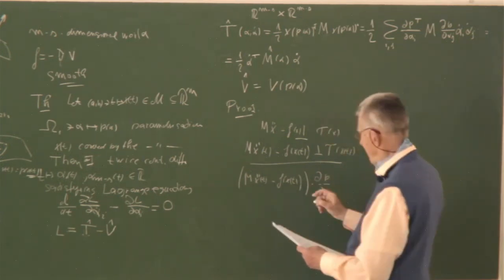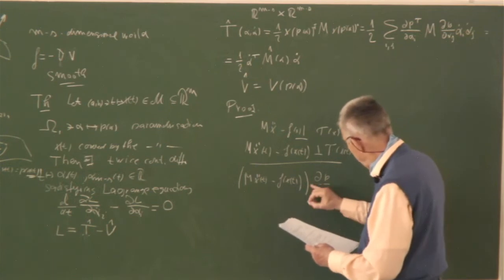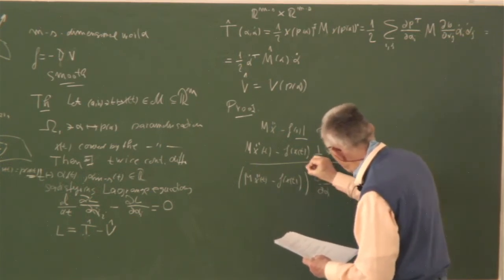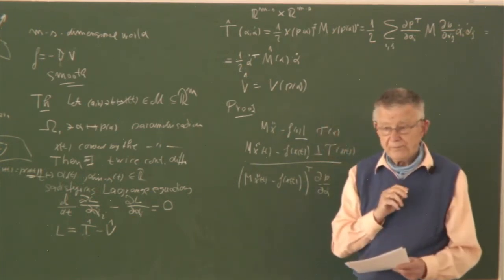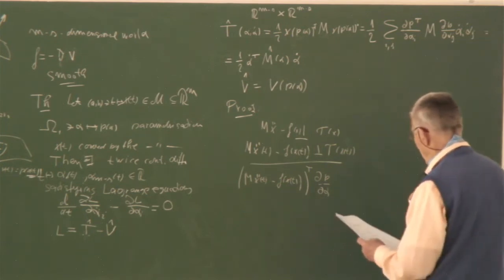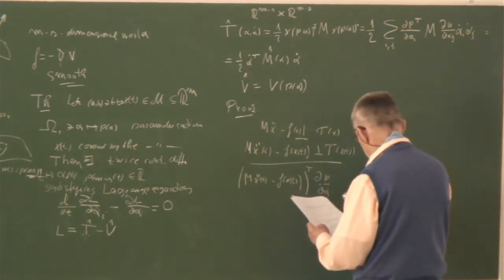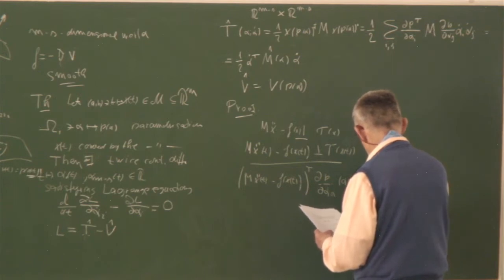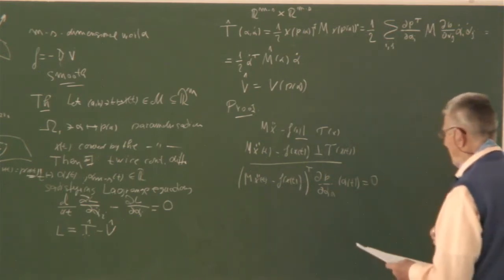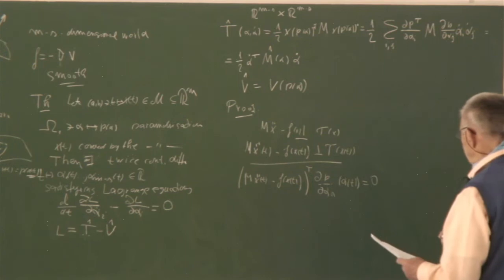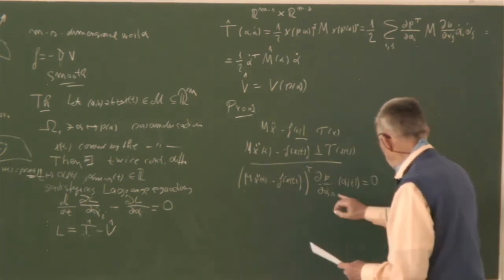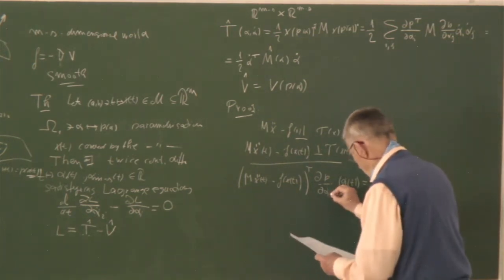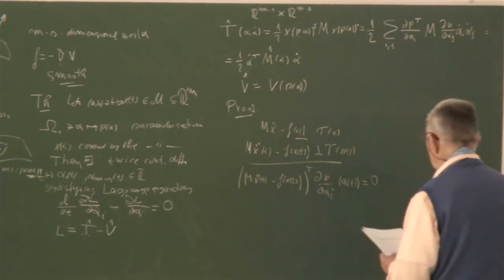I take a matrix notation, so I put here the transpose for the scalar product, taken at alpha of t, equals 0. We have to be precise now.